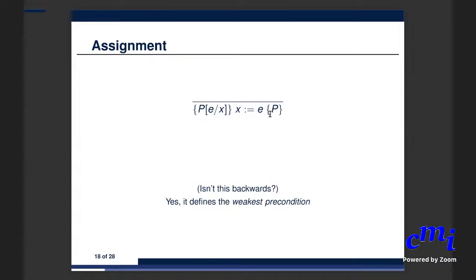No, but let me give you an example. If X can be of any value, what is the guarantee that P will be true? Here I don't know what P is. If you're saying I can start with any state in which X can have any value, how do I know that, since in the post state X gets the value of E, P will be satisfied?